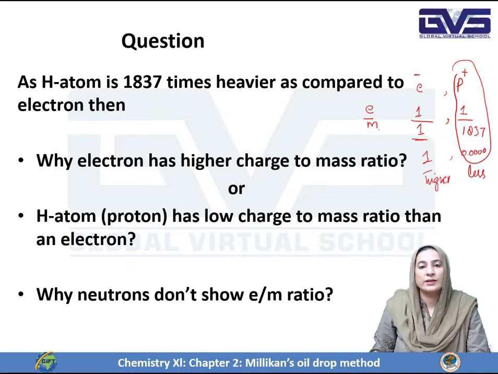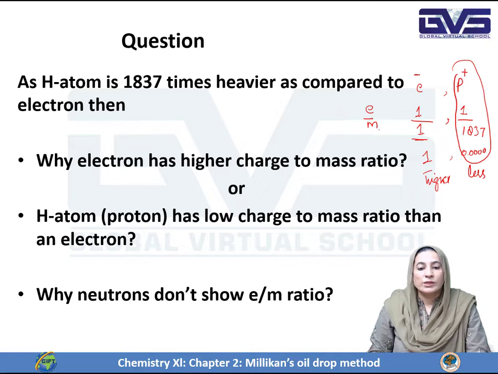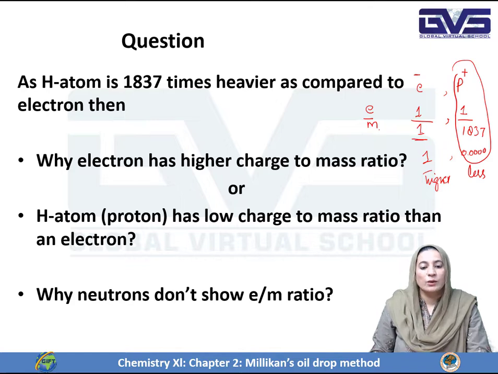Hopefully you have understood it. A question can be asked this way: why does the proton have a lower charge to mass ratio than an electron? You can answer that because mass is dividing, so elements having higher mass have a low charge to mass value. Now a question for you: why don't neutrons show a charge to mass ratio? Of course, you know the neutron has mass, but it is neutral. It has no charge. When there is no charge, there is no question of a charge to mass ratio.